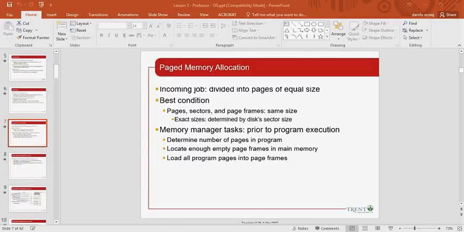Some operating systems choose a page size that is the exact same size as a section of main memory, which is called a page frame. Likewise, the sections of a magnetic disk are called sectors or blocks. Remember this, the page memory allocation scheme works quite efficiently only when the pages, sectors, and page frames are all the same size. But if they're not, it'll be much slower.